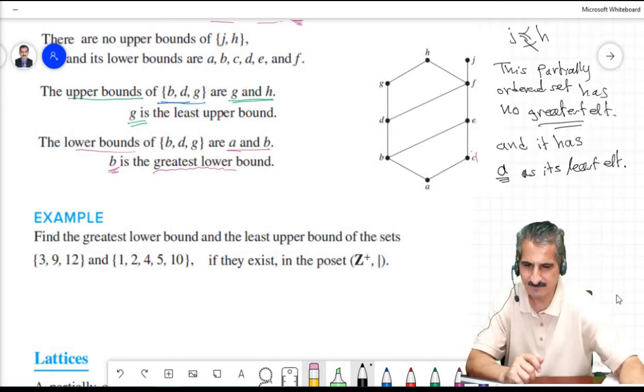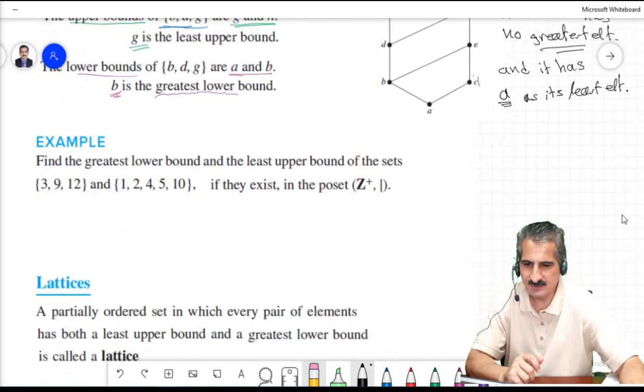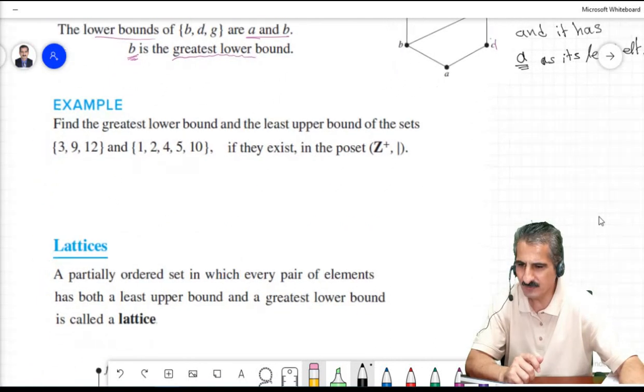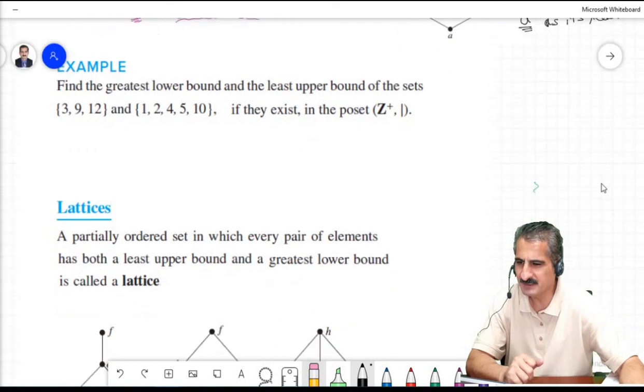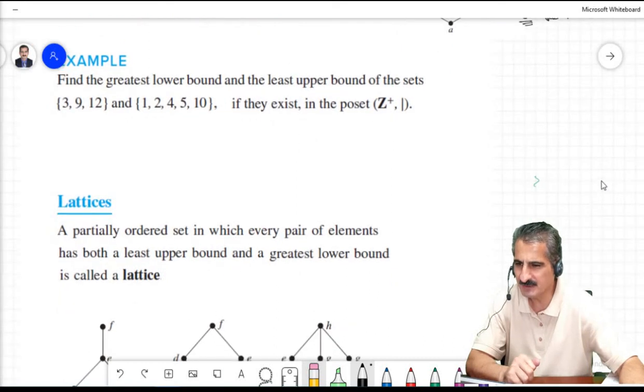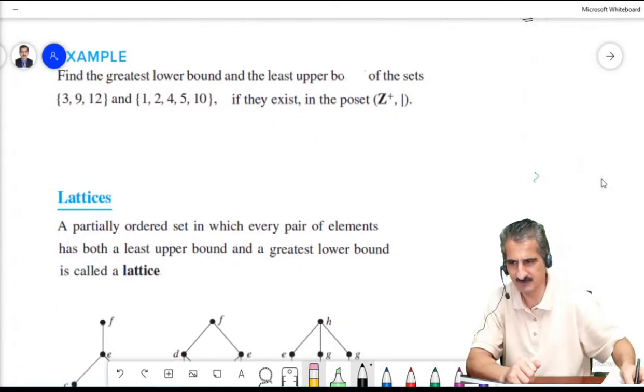Okay, so let's move now to an example. Find the greatest lower bound and the least upper bound.